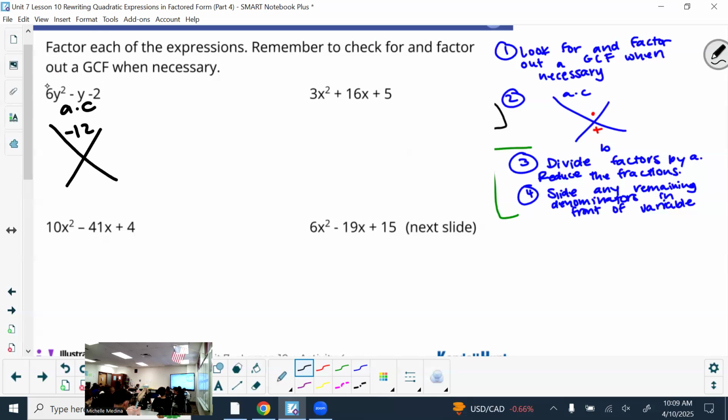All right, so slide that's 6 times the C value. -12 is our A times C. Table 2, what's our B value for this? -1. The negatives do matter. We need to put that as negatives. It'll change the numbers we take to make it work.